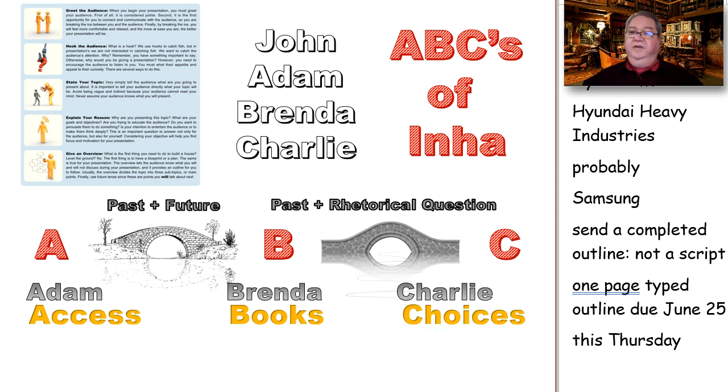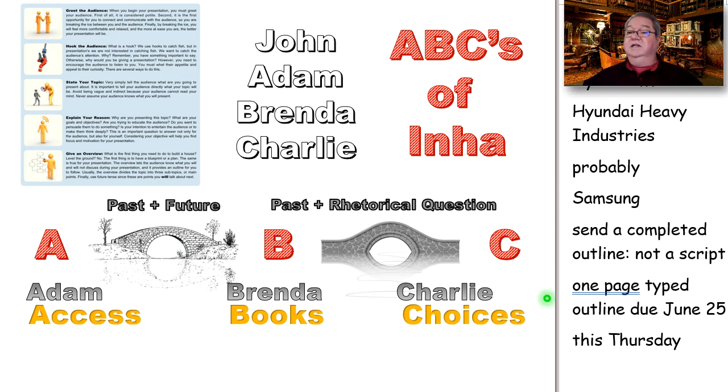Also, especially around the back gate, all sorts of choices of coffee shops and Korean food and even some Western food and fast food. So there's a lot of choices for eating and drinking around campus. He can also talk about choices of clubs and activities that you can be involved in. Okay? So then Charlie finishes up with choices.